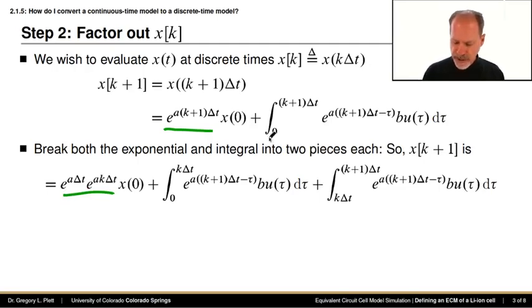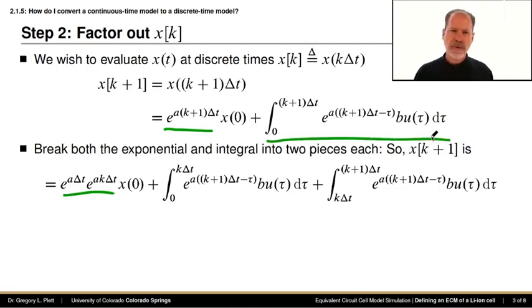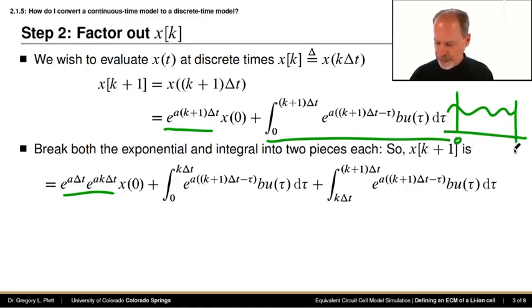And then we take this integral and we also break it into two parts. If you think about some function that I might be integrating over time, and I want to integrate it between some initial time and some final time, call it tf, I can do that by integrating first up to some intermediate time, ti. I integrate from 0 to ti, and then I integrate from ti to tf, and I add those two different integrals together.